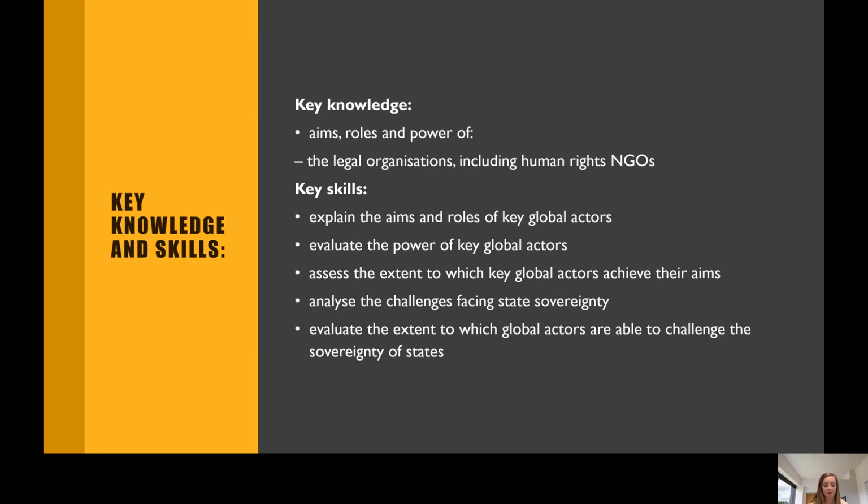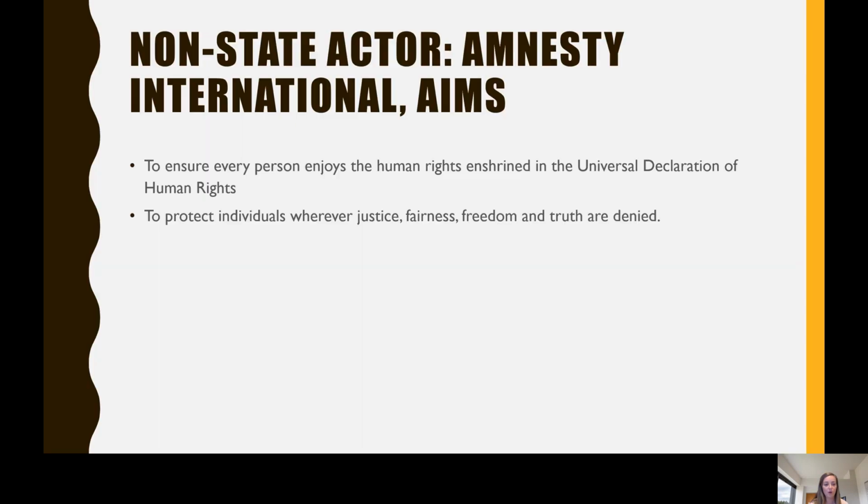So what are the aims of Amnesty International? Well, their first aim is to ensure every person enjoys human rights. And when we're talking about human rights, we're talking about the rights that have been enshrined in the Universal Declaration of Human Rights.